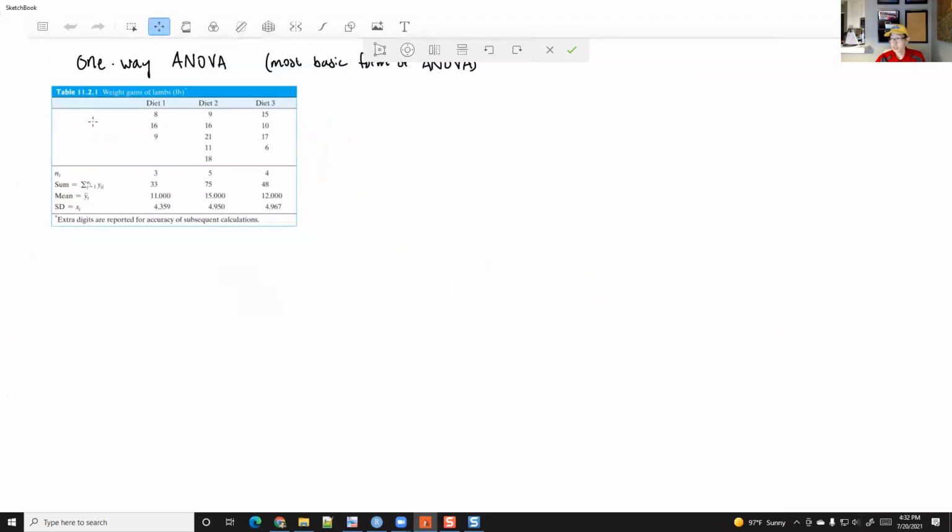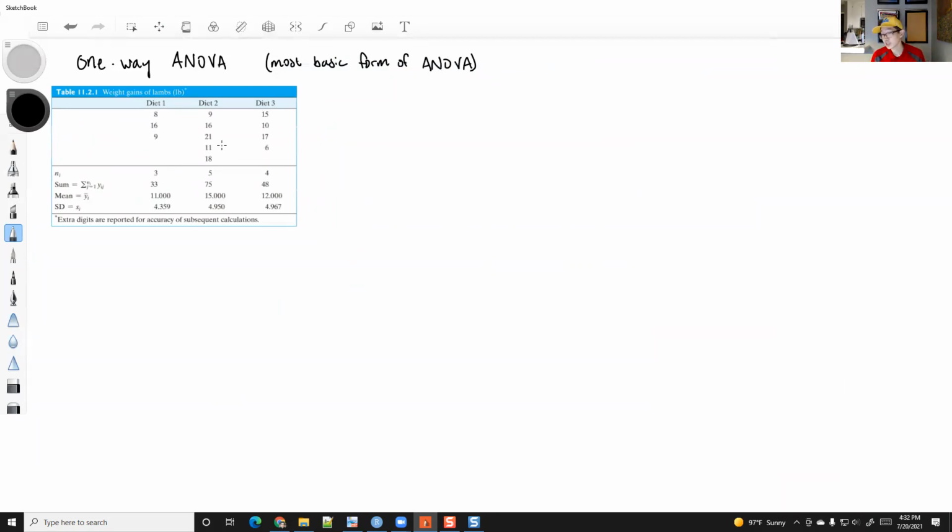textbook. Okay. And so this is an example from the text, and it's a made-up example, but we have 12 lambs. So I guess we're on a farm of some kind, okay? And we put the 12 lambs into 3 groups.